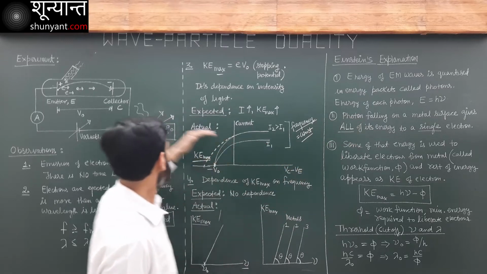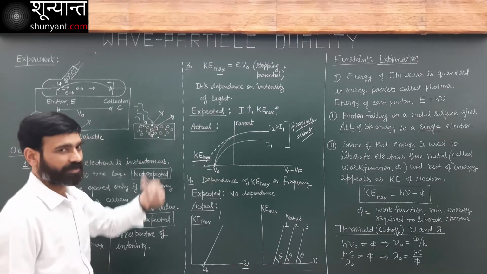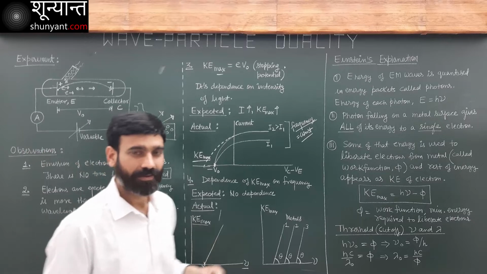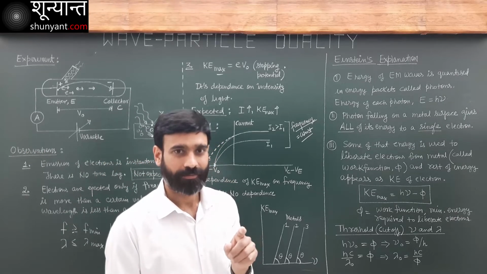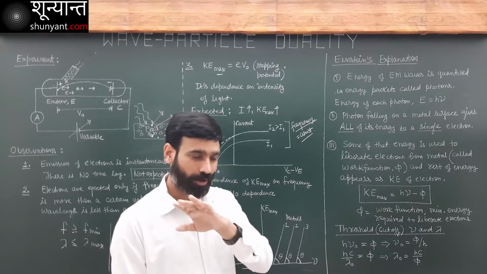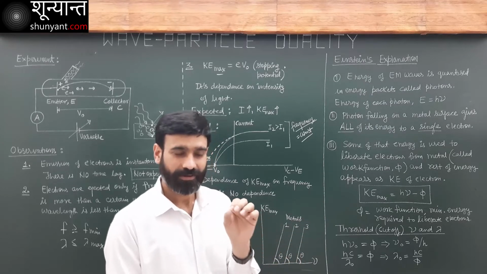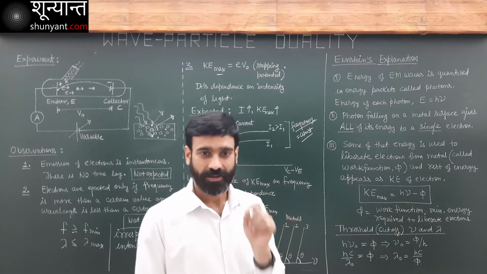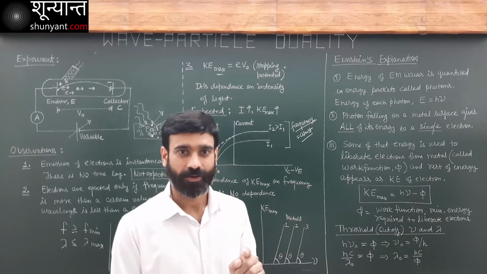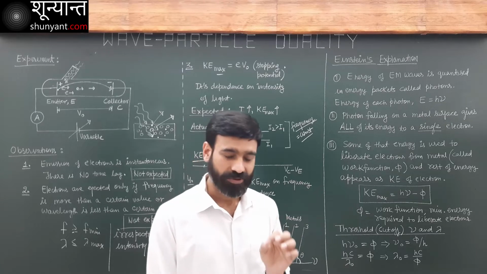Now, photons are arriving here on the metal surface. They hit the electrons, and if a photon hits an electron, it transfers all of its energy. Whatever is the energy of the photon, all of the energy is transferred to a single electron. This is the most important thing.